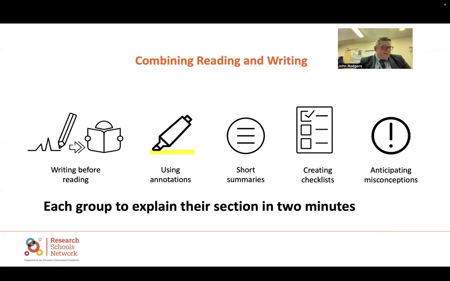So it can be really good. But annotation, not just highlighting the course notes and things like that. Identifying, we talked about this, haven't we? Identifying key features of the text, the format, the audience, the things that they should be looking for. Writing short summaries could be a good way of combining writing and reading. Short summaries are a skill in themselves.